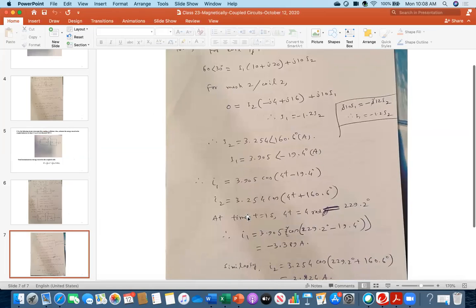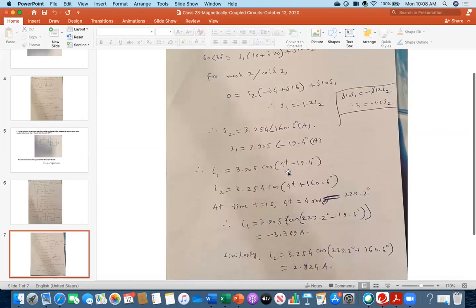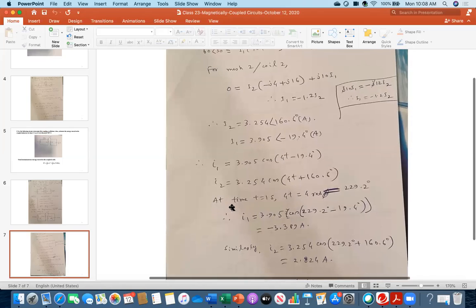That's why the t value is 1 for the I1 and I2 currents. So you get cosine of 4 minus this angle. But 4 was in radian, so convert 4 into degree. At t equal to 1 second, 4t is 4 radian, which is 229.2 degree. You convert 4 radian into degree and you should be getting this. And then I am putting this in.